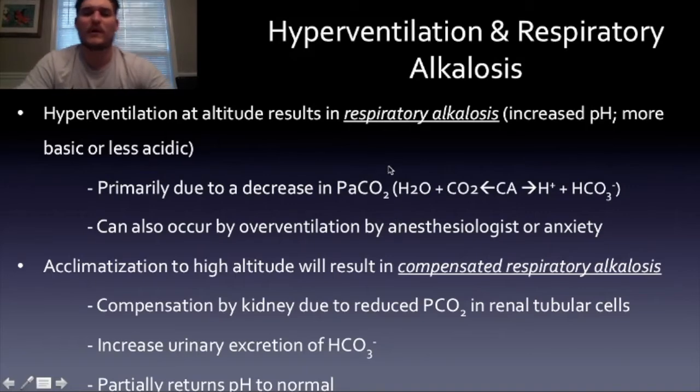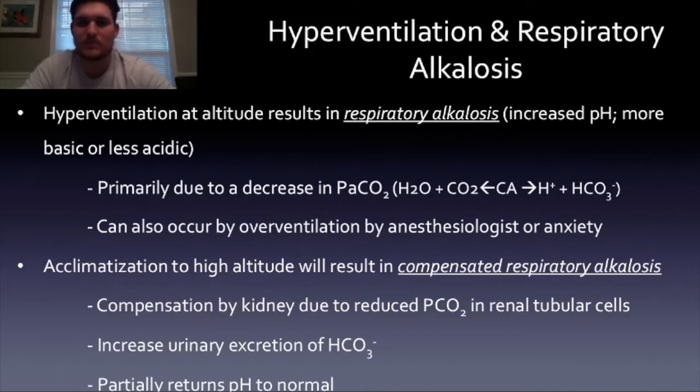But remember that CO2 will combine with water to make carbonic acid, and then split to make bicarbonate and hydrogen. So if you have less CO2 here, you're going to have less of these acids being formed. So CO2 a lot of times does act acidic in our bodies.